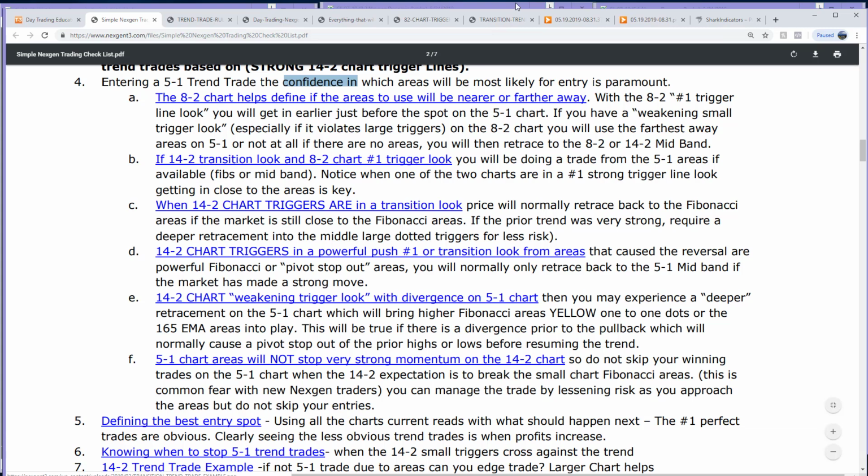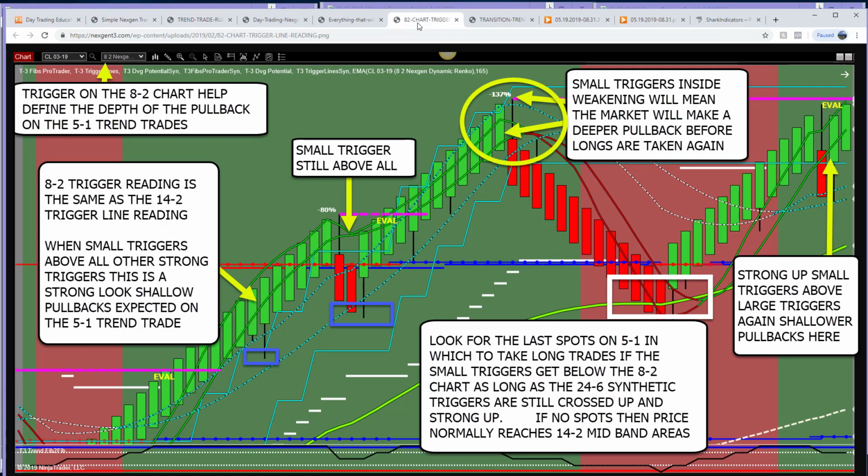So the theory or the thought process that I'm trying to convey to you is that if the 8-2 chart triggers are more favorable and the 14-2 chart triggers are more favorable, you will have an easier time doing trend trades on the 5-1 chart. If the 8-2 triggers are not favorable, you will have a more difficult time doing winning trend trades.